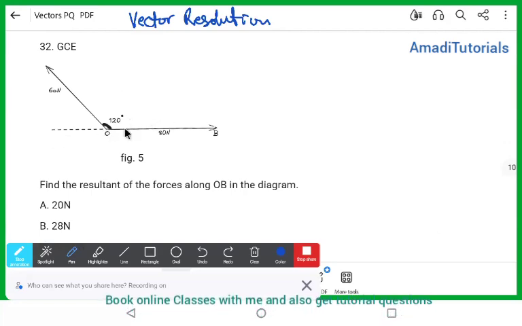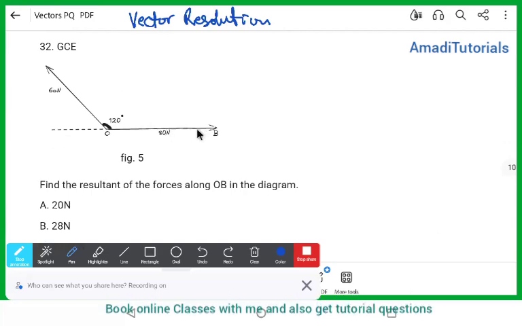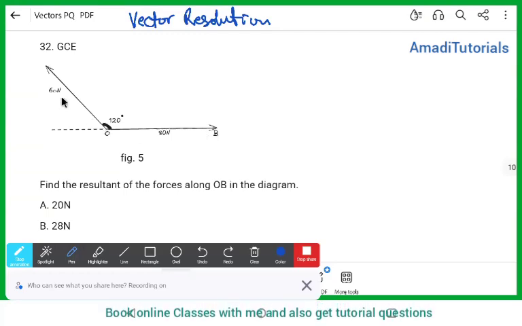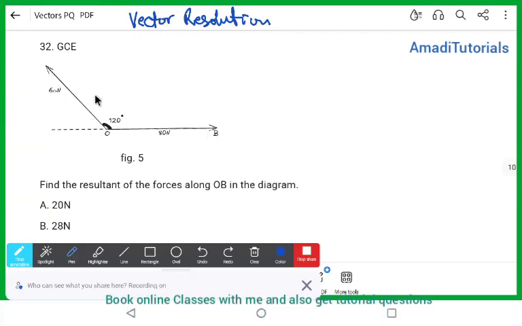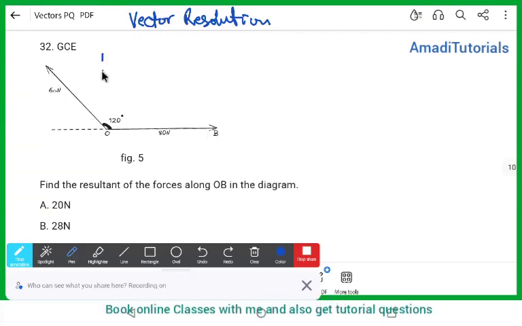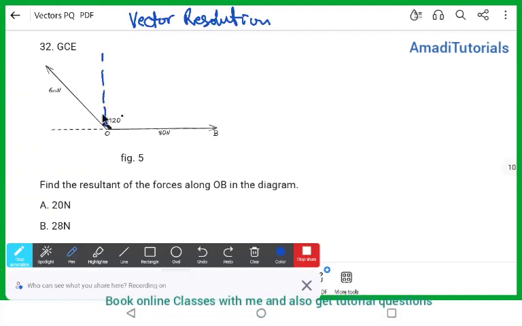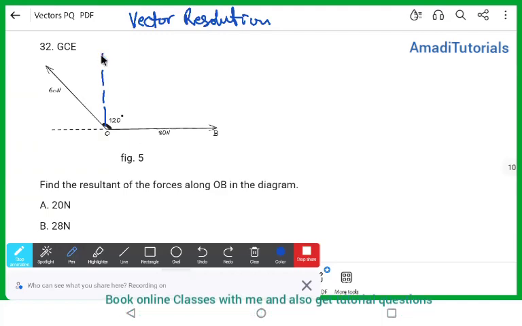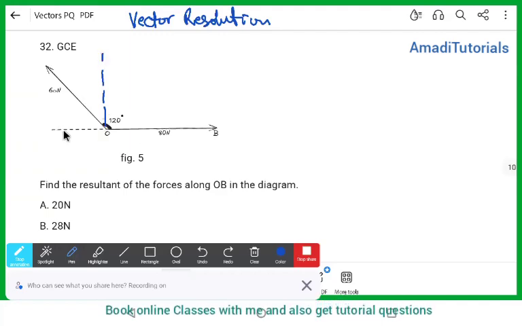I'm not going to resolve this 80 Newton because it is directly on the horizontal. It's only this 60 Newton I'm going to resolve into its vertical and horizontal components because it's acting at a certain angle. It doesn't fall directly on vertical and it doesn't fall directly on horizontal.